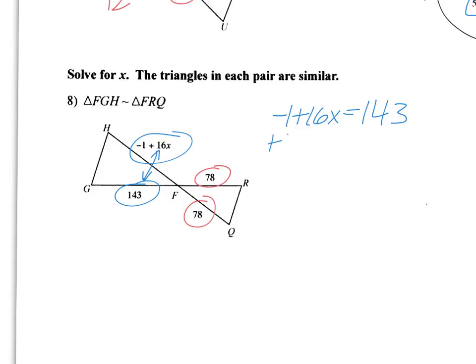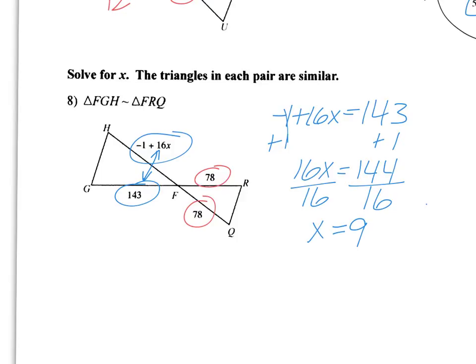Now we solve the equation. Add 1. That's 144. Divide by 16. So 144 divided by 16 is 9. And we don't have to plug back in because it just said solve for x.